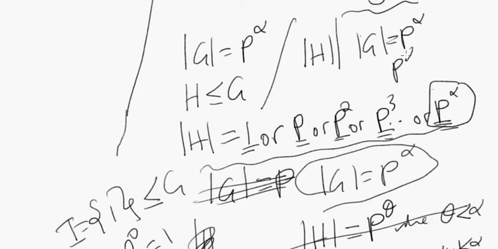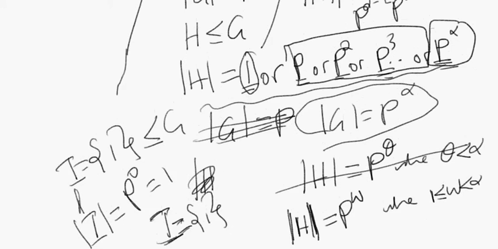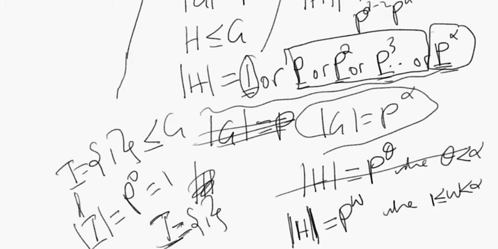Maybe p to the alpha minus 1, maybe p to the alpha minus 2, certainly not the identity, but something up to p to the alpha minus 1. Can we guarantee this? Suppose we're able to prove this fact: for any group of order p to the alpha, there is some subgroup.